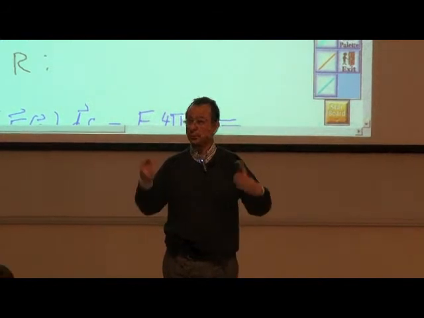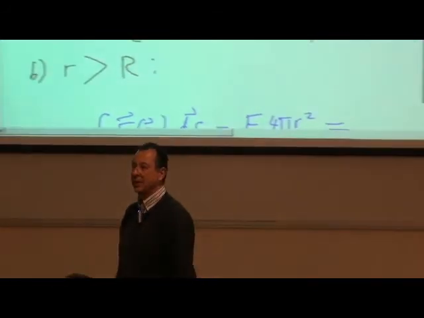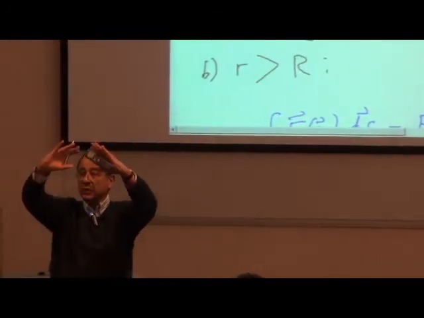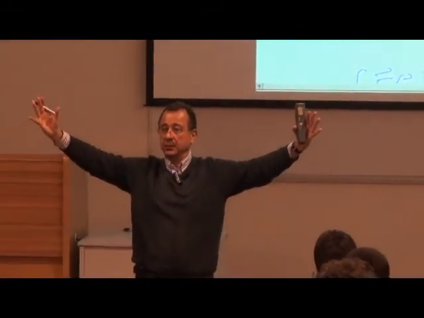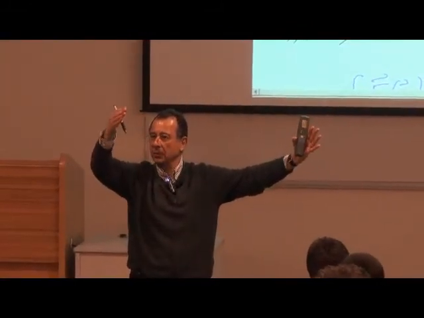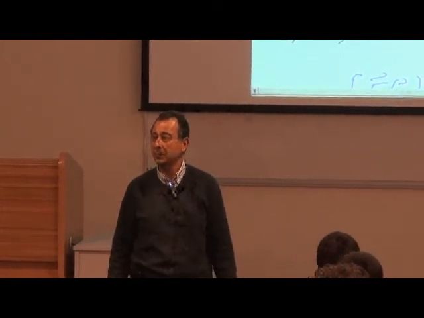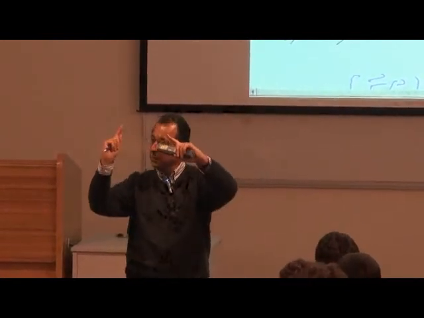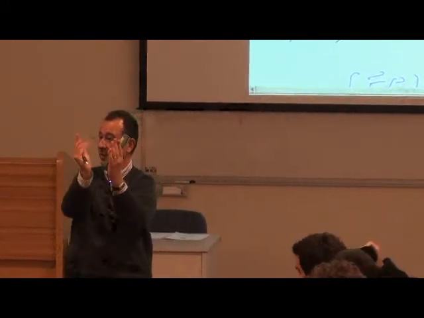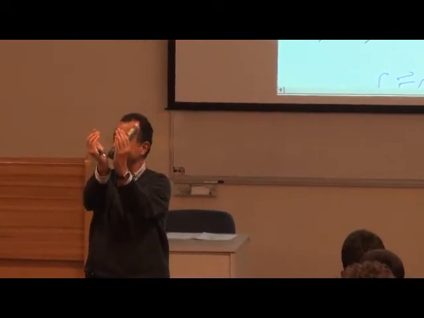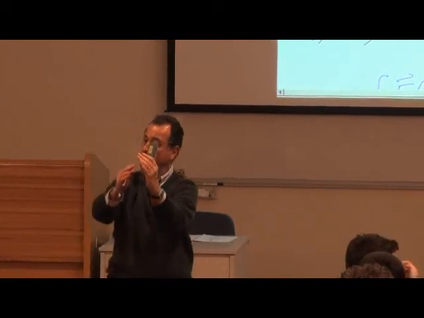Okay? So you think for yourself and answer this. When my sphere is outside the ball, what is inside? The ball. How much charge is there on the ball? Q. Okay? But that's an important point because the Q is on the surface. When I was inside the ball, I wasn't seeing Q further in from where I was.